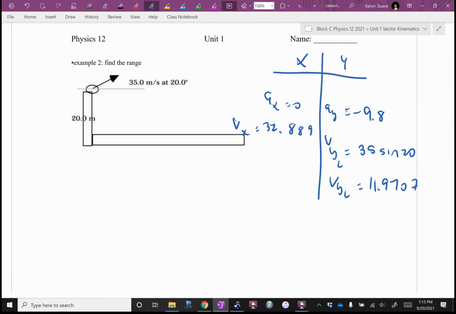I know two things in each column. There must be something else, so I can find time. How am I going to do that?